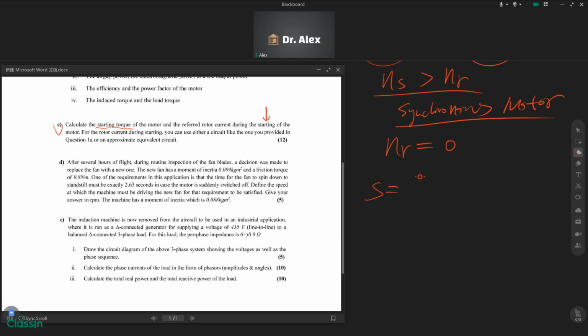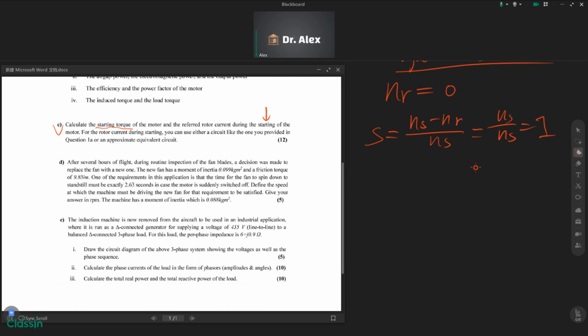As a result, because slip equals ns minus nr divided by ns, which should be ns divided by ns, which is 1. So the resulting value is R2 divided by s. Previously, it was 7.1 ohm, but presently it is just R2 itself, which is 0.355 ohms.